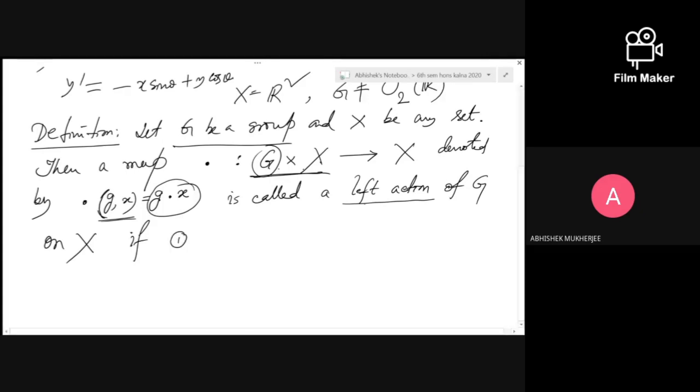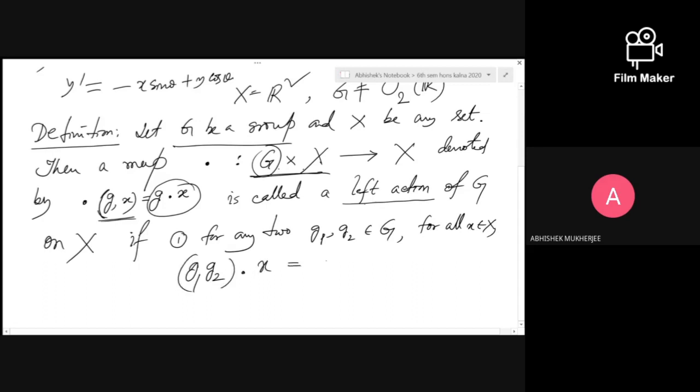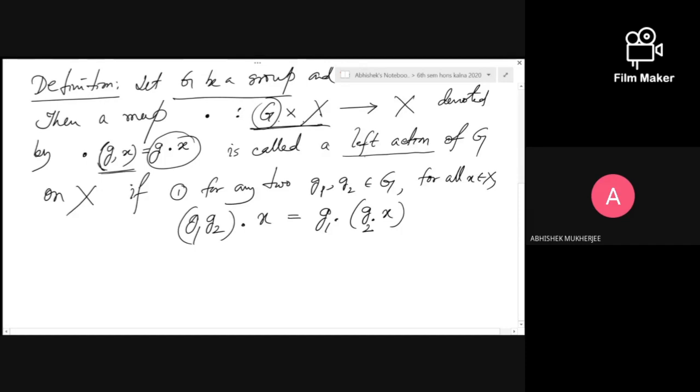the first condition is, for any two elements from the group, G1, G2 belongs to G, and for all X belongs to X, G1 G2 dot X equals G1 dot G2 dot X. If this condition is satisfied by this map, here we have the binary operation induced in G, and this is the action we are considering.